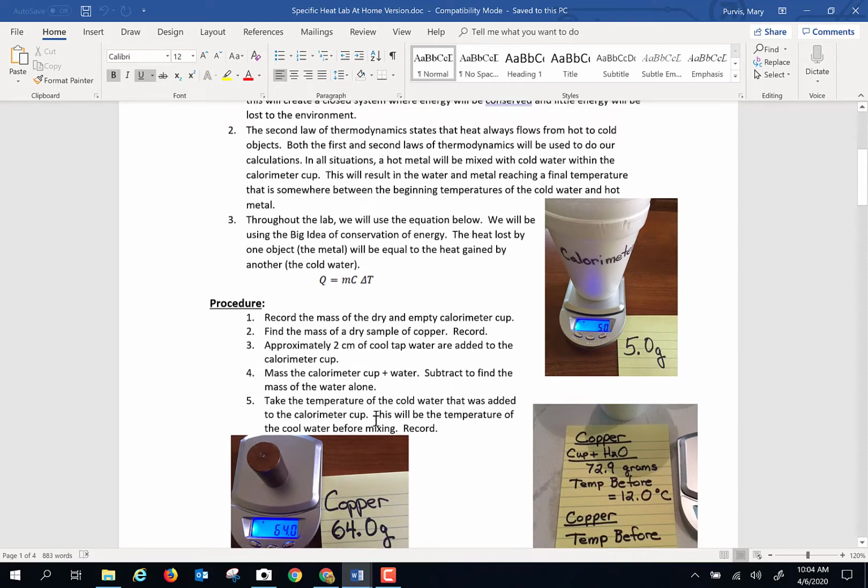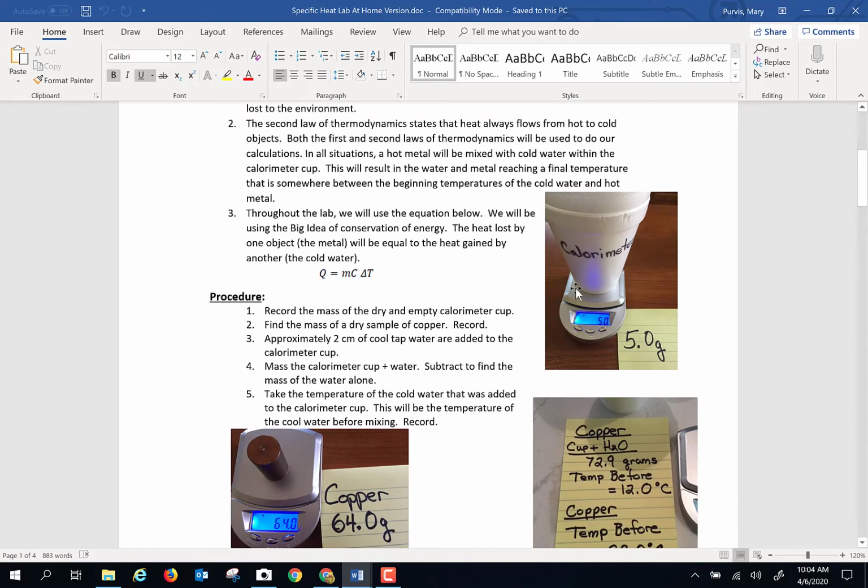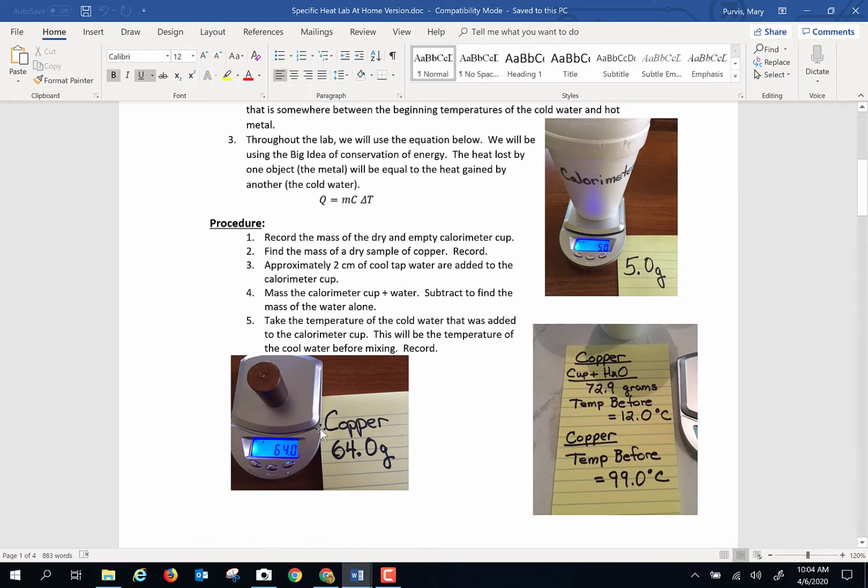So there is going to be the mass of the empty calorimeter cup, the mass of the piece of metal while it's dry. Then the calorimeter cup, a little bit of water gets added, and here is the mass of the cup plus a little bit of water and its beginning temperature. So this information can be used to calculate the quantity of heat before the reaction occurs.